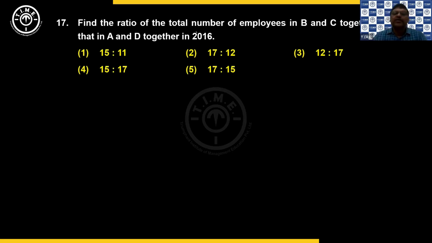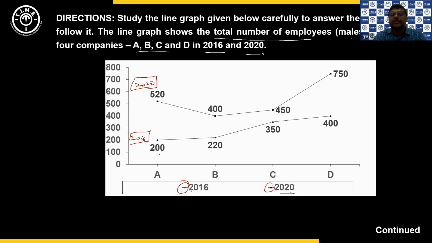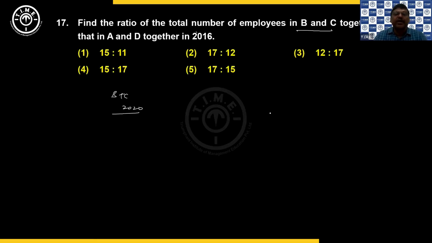Find the ratio of the total number of employees in B and C together in 2020. B and C in 2020 means, students, B is 400, C is 450. 400 plus 450 is 850. And students, A and D together in 2016.